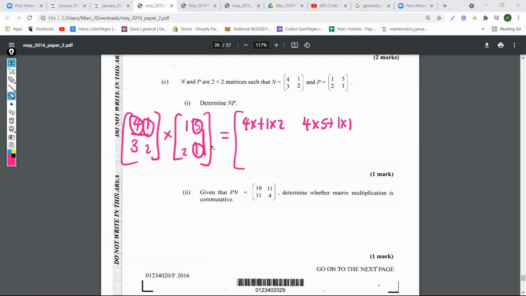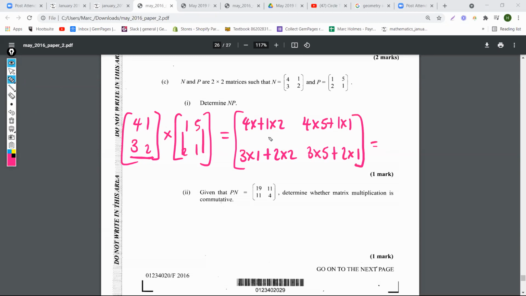The next one is the second row by the first column, so 3 times 1 plus 2 times 2. Then the second row by the second column, so that's 3 times 5 plus 2 times 1.